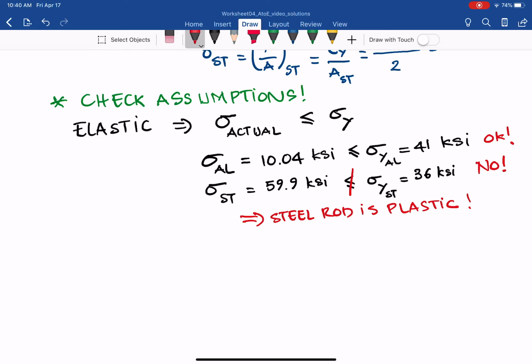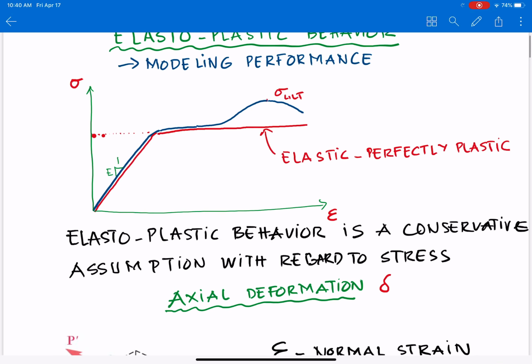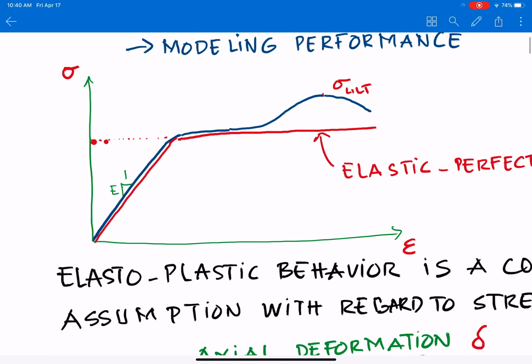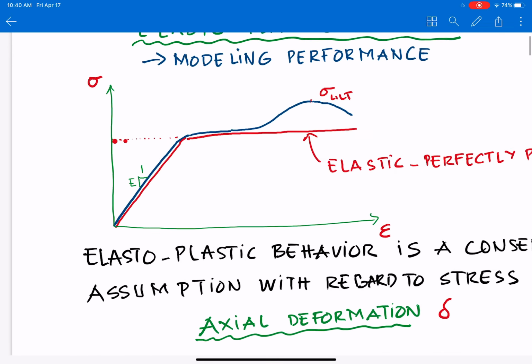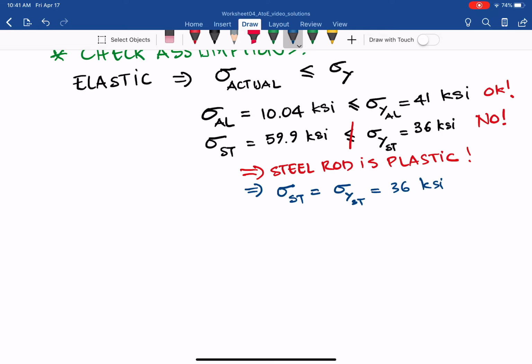Then the actual stress on that member has to be equal to the yielding stress of the steel, equal to 36 ksi. Because as you can see from the elastoplastic behavior, the maximum for a material is sigma yield, the horizontal line going over there.